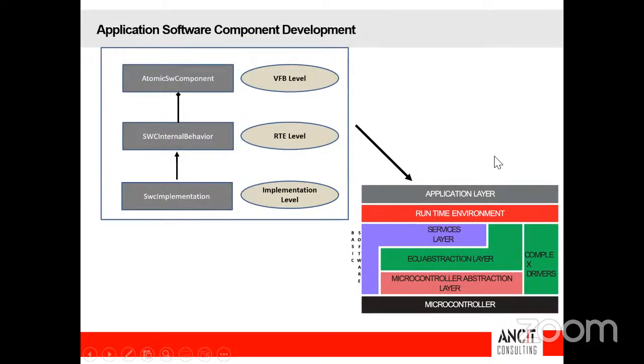And I have a variable that needs to be exchanged between this one and this one. I will not be able to do it directly. I will have to pass the variable only through the RTE. I will have to write it only through the RTE. So that is how it has to be done.